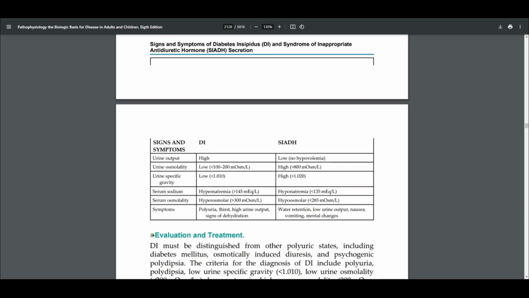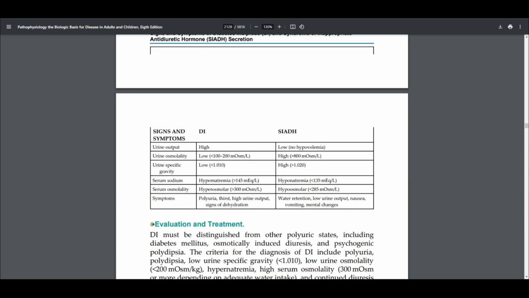DI must be distinguished from other polyuric states, including diabetes mellitus, osmotically induced diuresis, and psychogenic polydipsia.